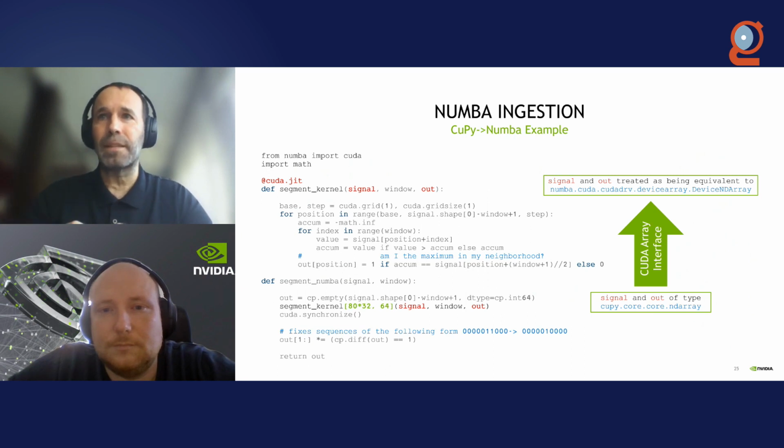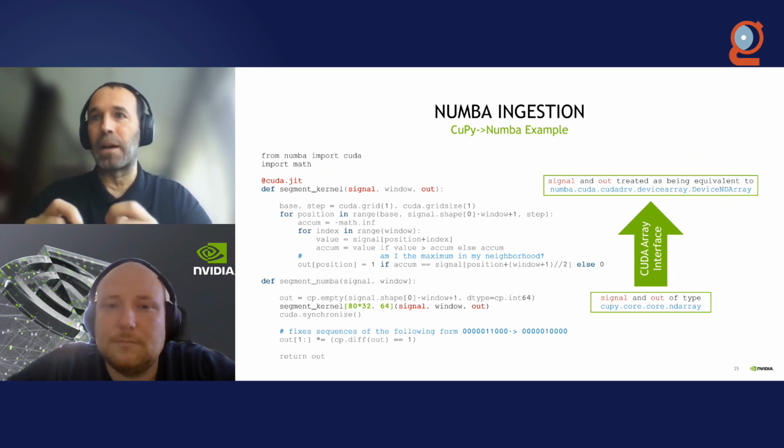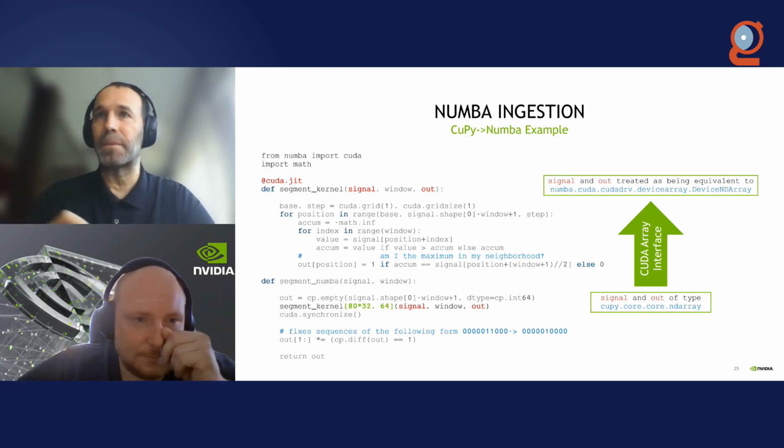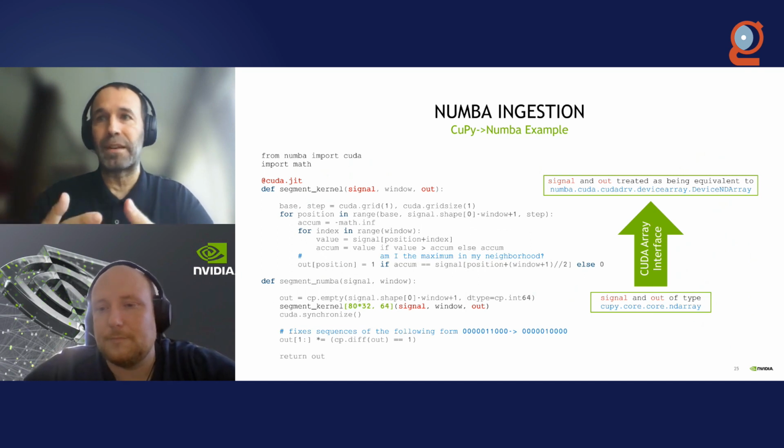And we are just passing the data without any transformation. Why? Because both the ndarray from CuPy and the Numba device ndarray accept the CUDA array interface. So even if you are passing a specific object, because that object is also compatible with the CUDA array interface, you can pass it between different methods or two different libraries.